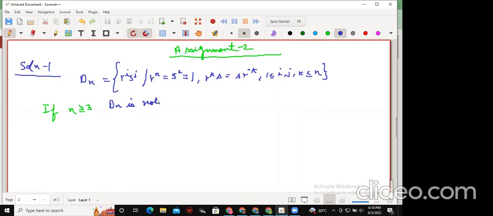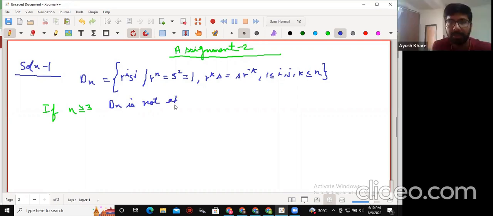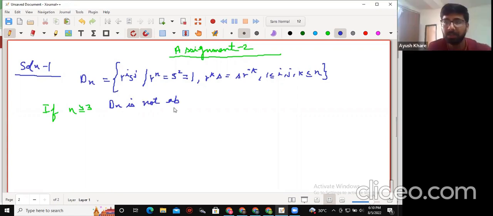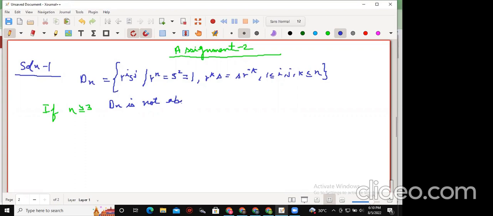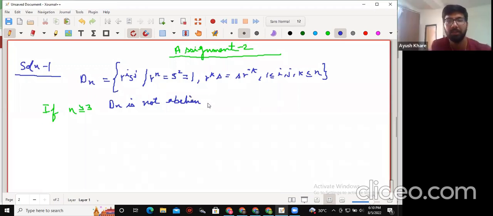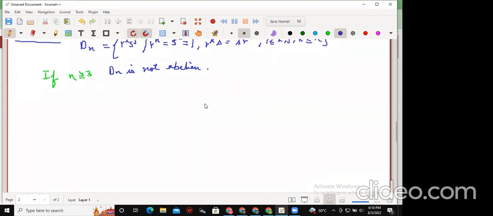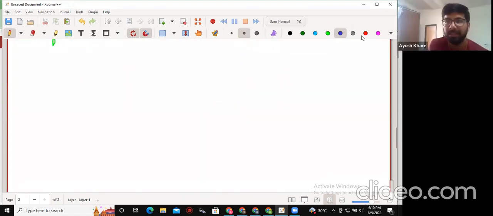Why? Because of this third relation, right? r^k s equals s r^(-k). So if you have n greater than or equal to 3, then that implies that all elements are not commuting, right? Do you all agree with that? Yes, sir. Okay.